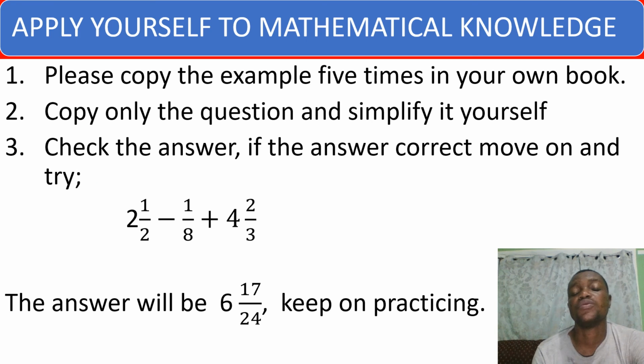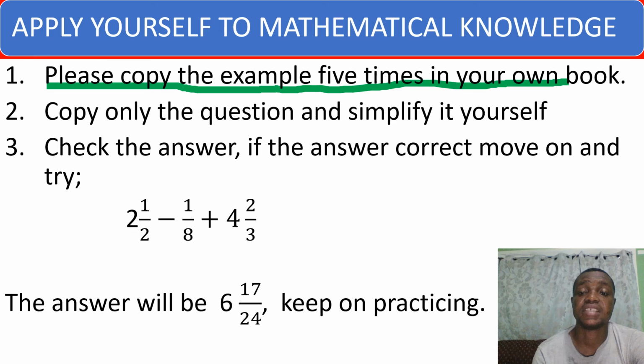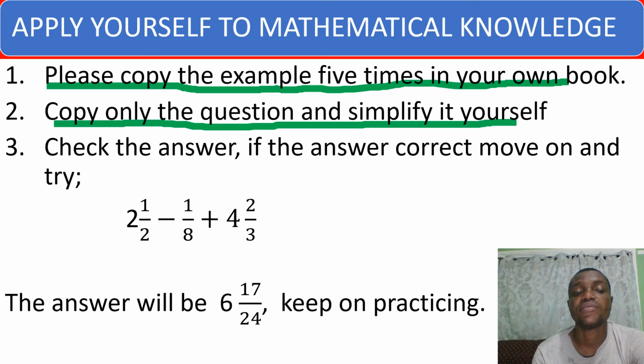So how do we apply ourselves to the mathematical knowledge? Step 1, please copy the example 5 times in your own book, the example we have solved. Copy only the question and simplify it yourself. Check the answer.